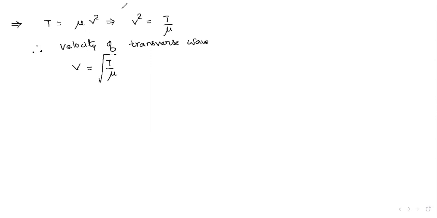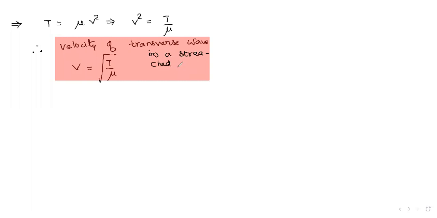This is the formula, restricted only for the transverse wave, not for all mechanical waves, only for transverse wave, that too in a stretched string. That you should not forget. Only in a stretched string, a transverse wave travels with a speed of v equals root of T by mu.